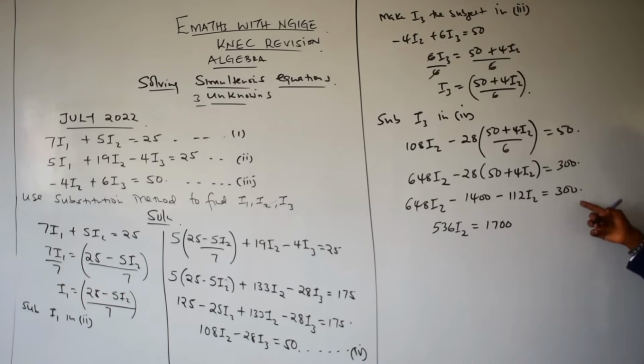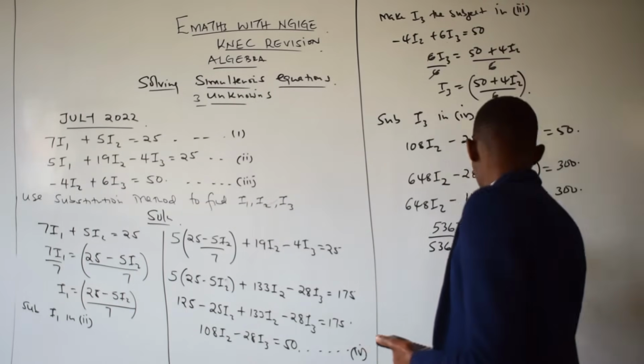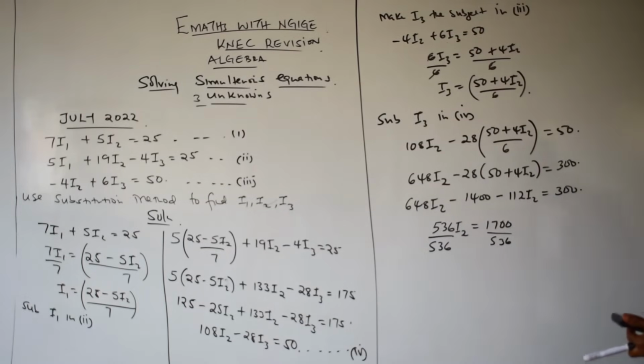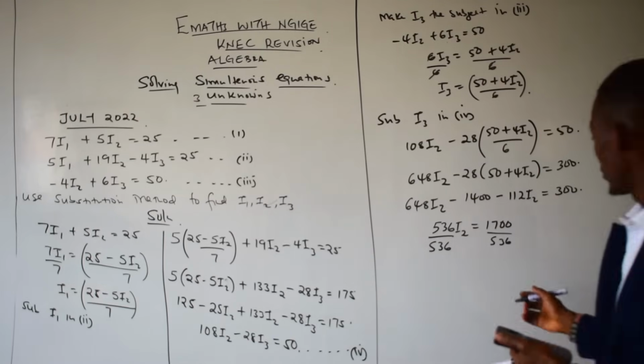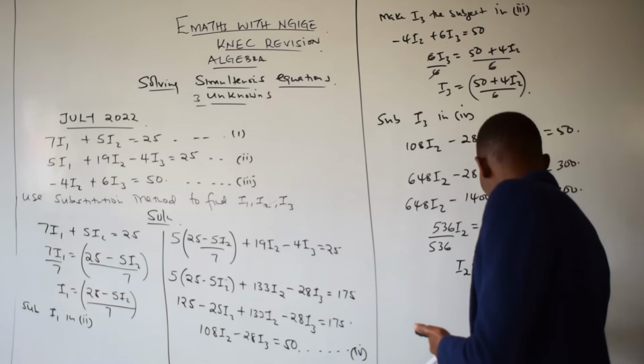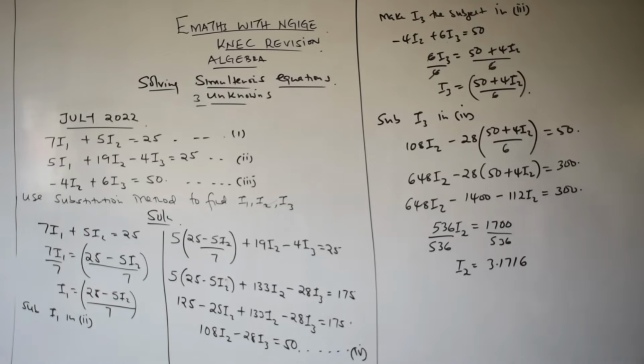So 1400 plus 300 gives you 1700. Therefore, divide by 536, divided by 536. So 1700 divided by 536 gives you i2 will be what? 3.1716, let's say to 4 decimal places.